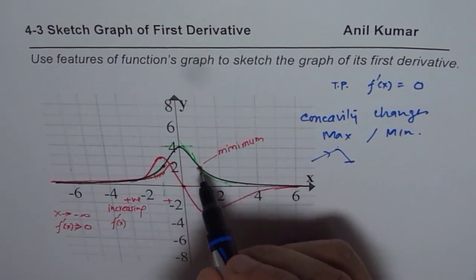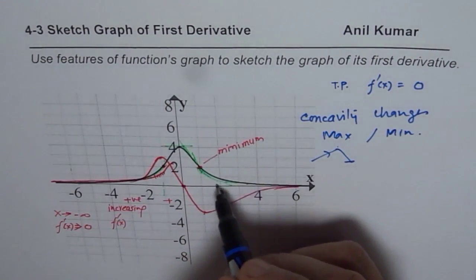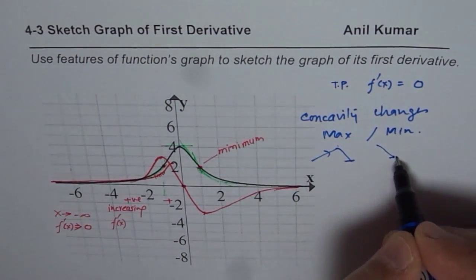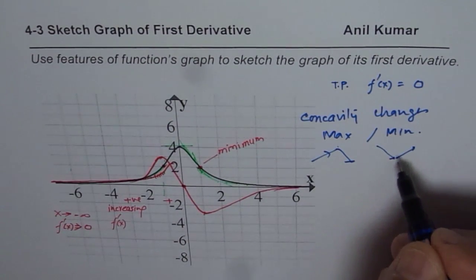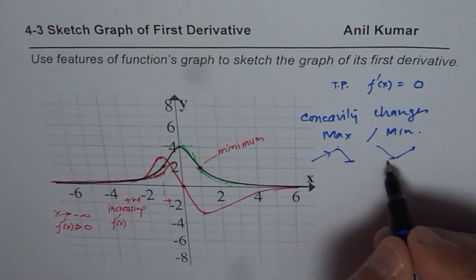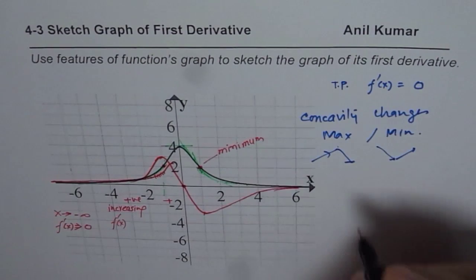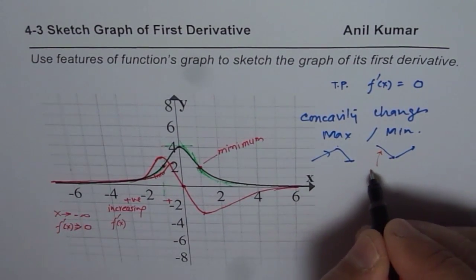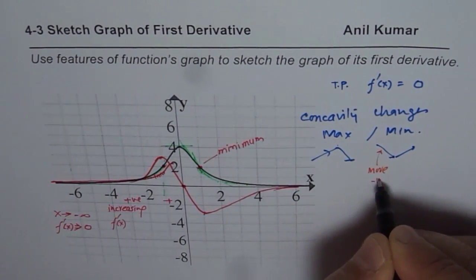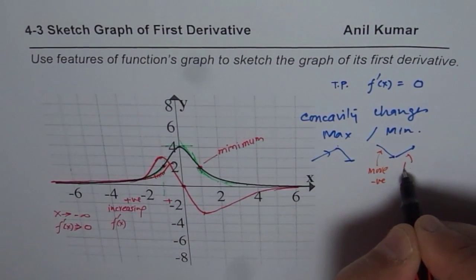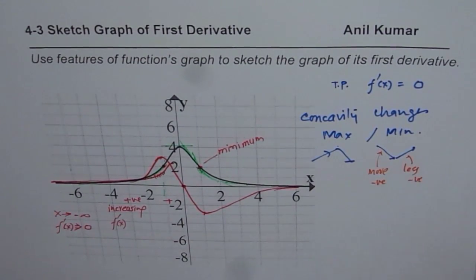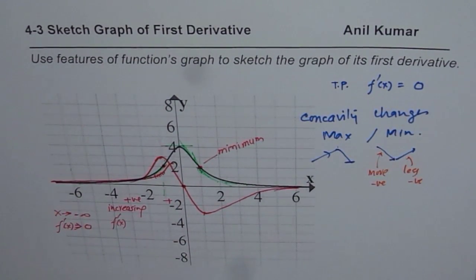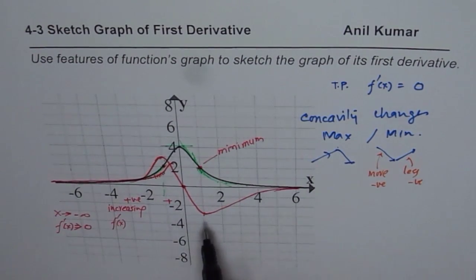But if the concavity is changing when the graph is coming downwards, then it is a minimum. So it's more negative and less negative. That is what it means, right? So from more negative to less negative, let me write here: that means more negative, that means less negative, right? We get a minimum as we saw. So the minimum is right there.